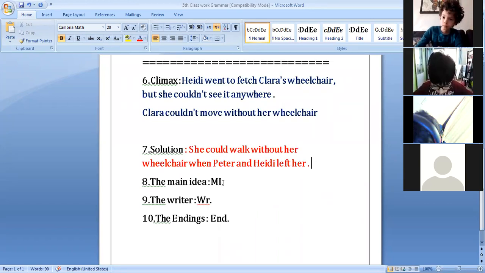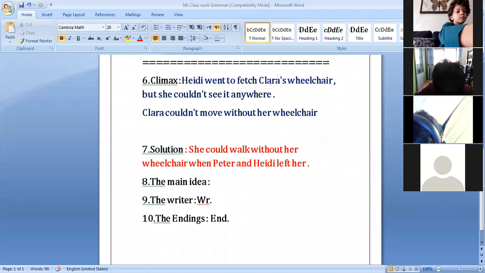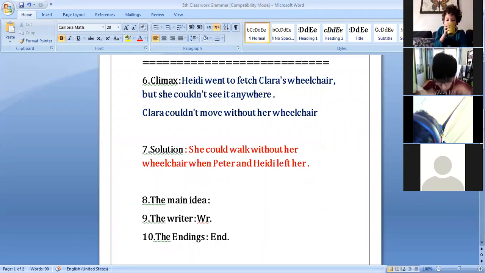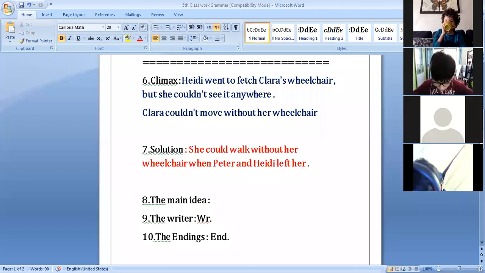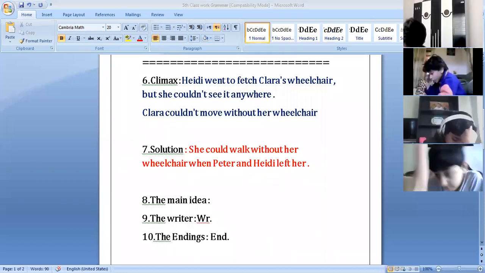Now, the main idea. What do you think the main idea is? I said it yesterday too. The main idea in the story, what do you think it is? Yes, Mateen.